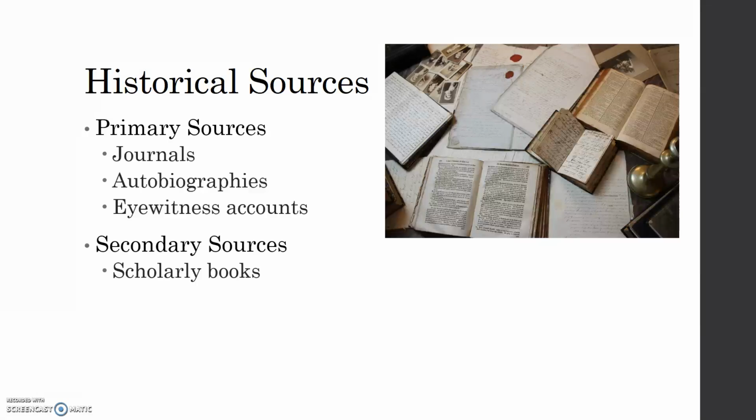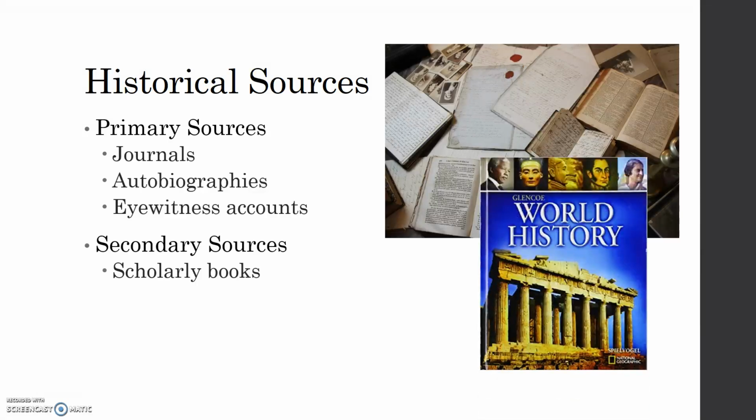Secondary sources can be scholarly books. Textbooks are an example of scholarly books, right? Now, you can have primary sources within secondary sources. Your textbook has an awful lot of excerpts from primary sources, but as a whole, the textbook is written by historians. It's written by people about events. That's a secondary source. So even a very detailed scholarly book is still a secondary source.